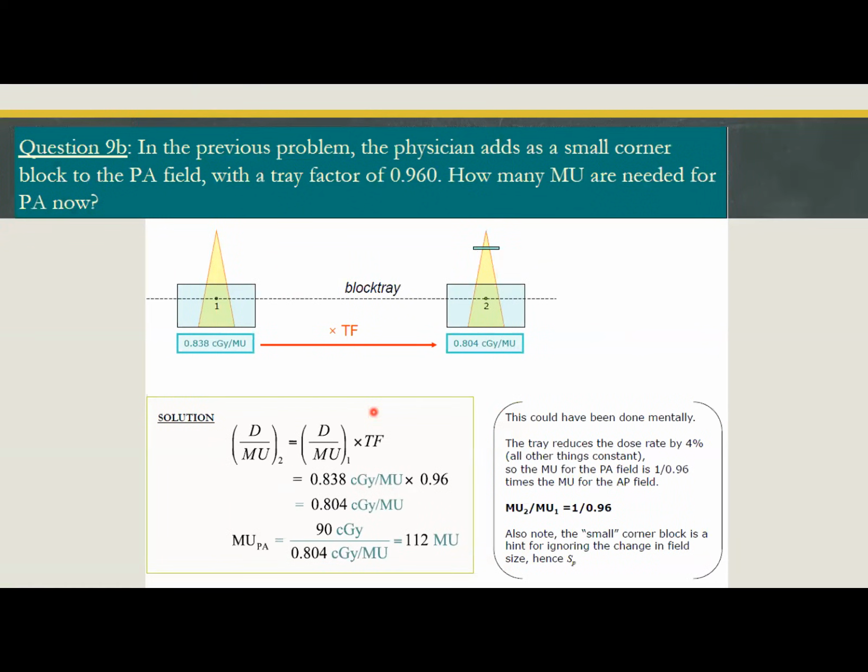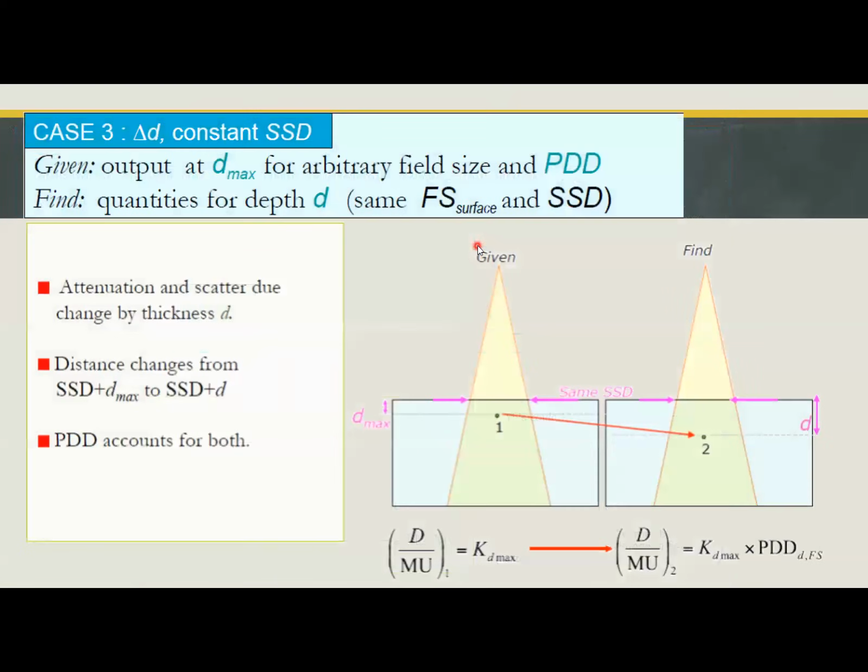In the previous problem, the physician added a small corner block into the PA field, so the tray factor was incorporated into the output factor. Only this has to be incorporated. Another case is constant SSD. So the PDD has to be incorporated: the output factor is multiplied with the PDD value at a certain depth.